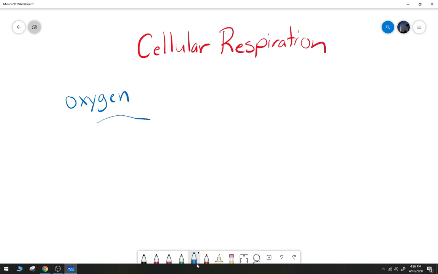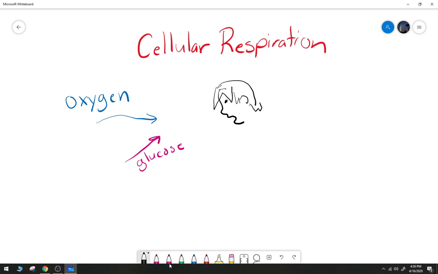Okay, remember we breathe oxygen coming in, and we have glucose coming in. And then let's have a person eating these things. Just to show my terrible drawing. Okay. So we've taken oxygen and glucose, and then we breathe out carbon dioxide.